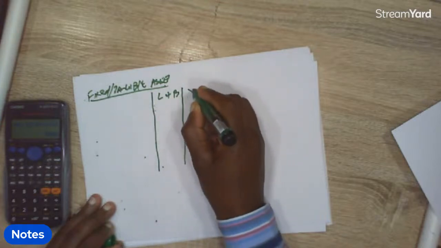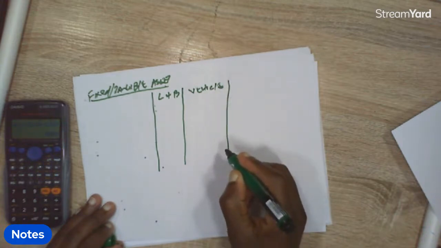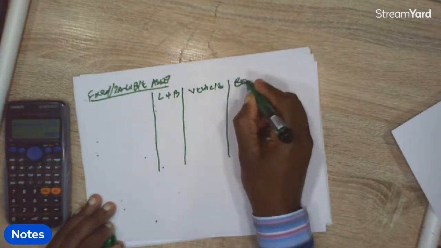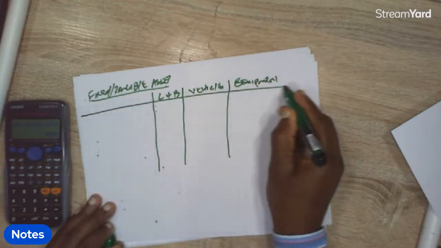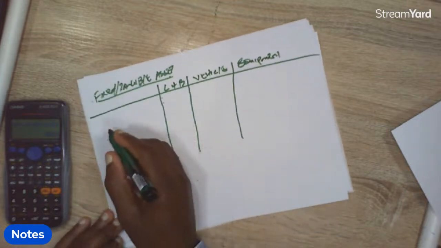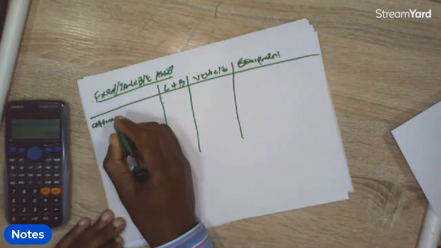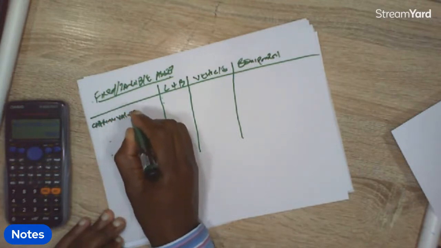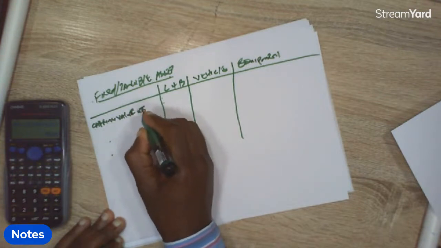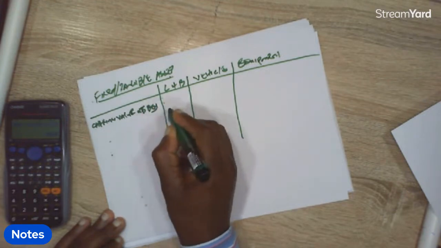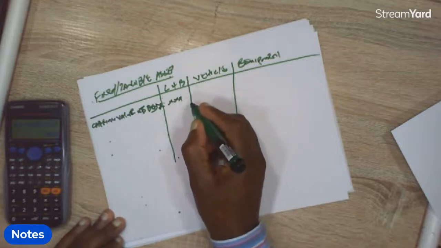We have a vehicle. We have equipment. We have carrying book value at the beginning of the year. At the beginning of the year, we have this figure there, right?